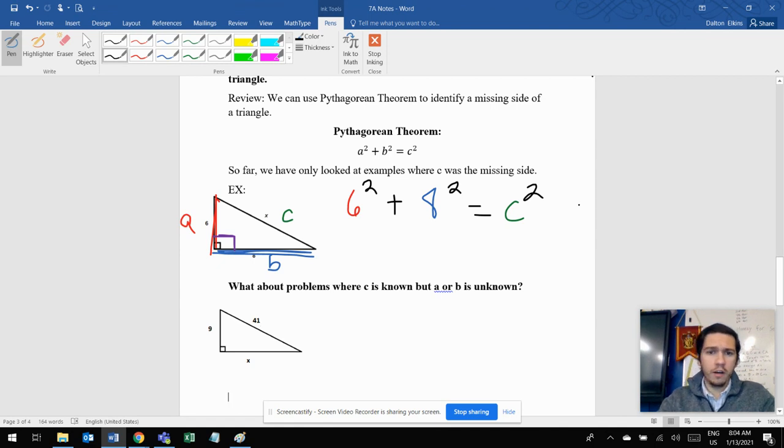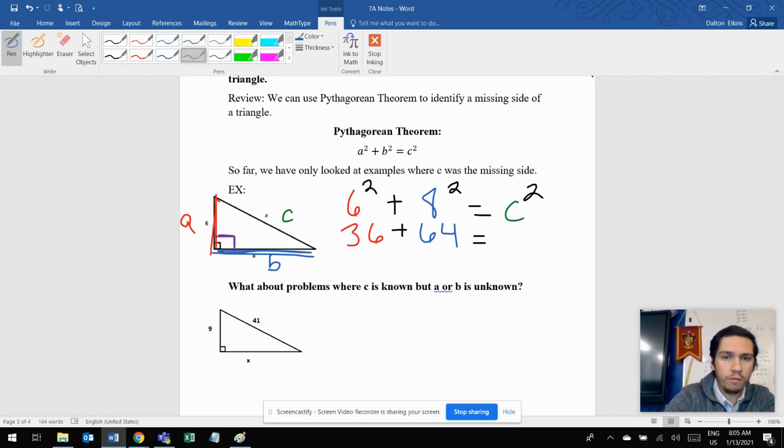So what we've done here is that we have taken a regular triangle and used the Pythagorean theorem to identify the missing side c and keep it alone on the equals here. So I can add these together, right? 6 squared is 36. 8 squared is 64. And that's equal to c squared.